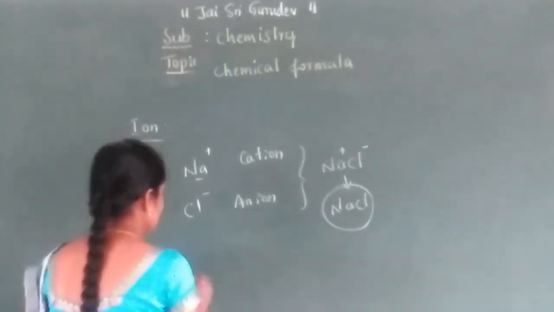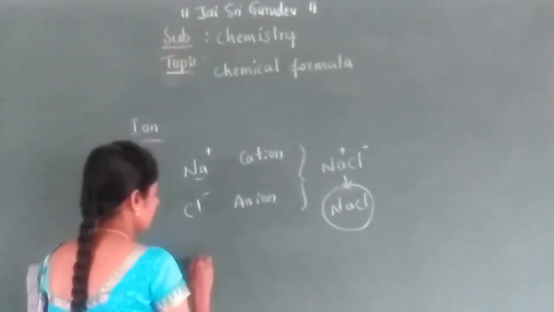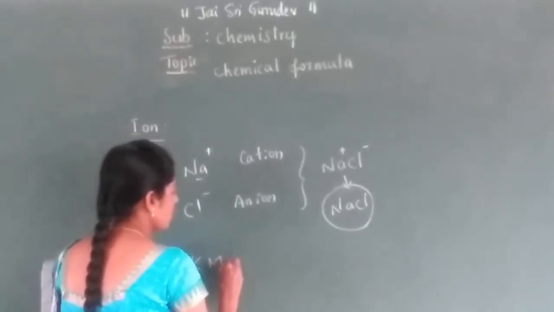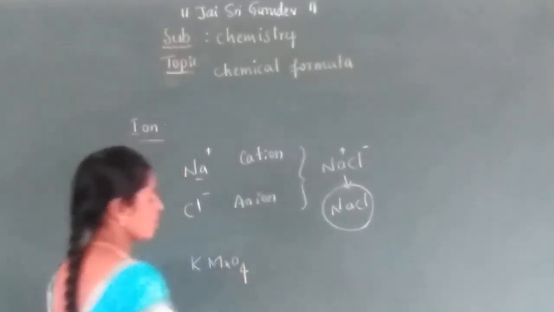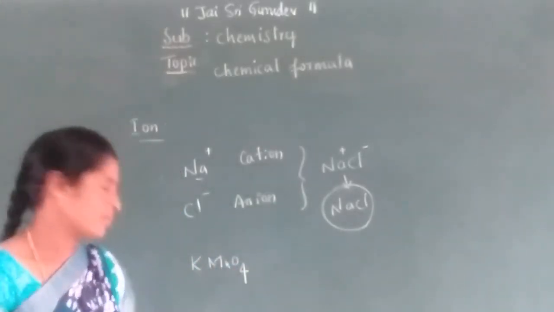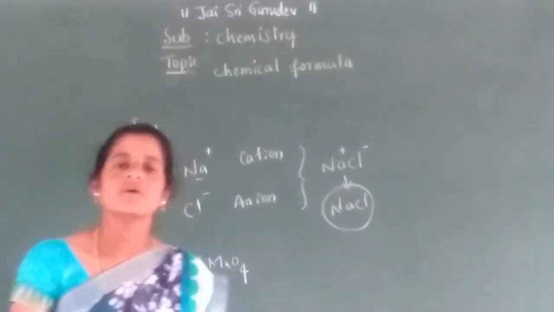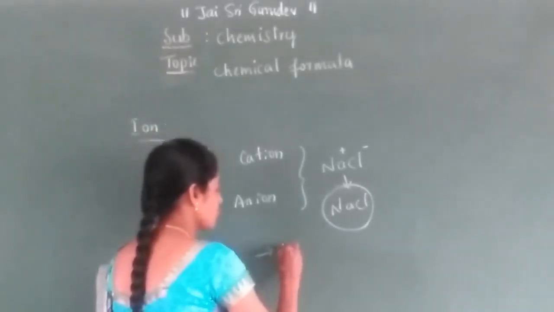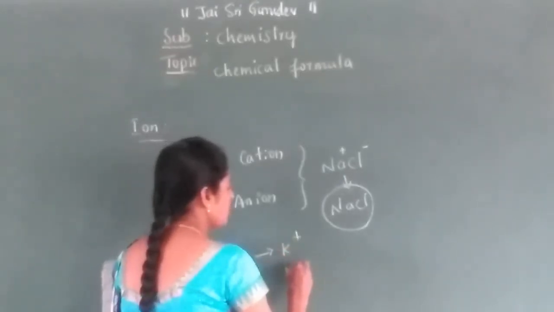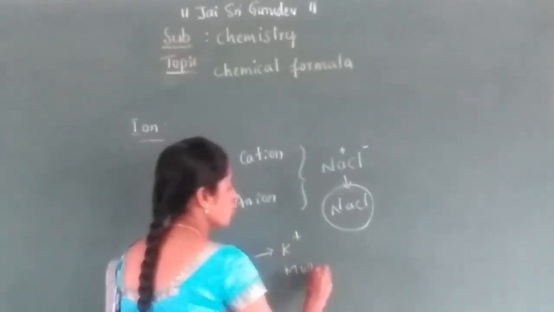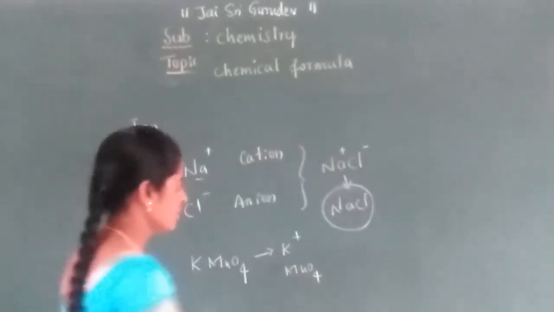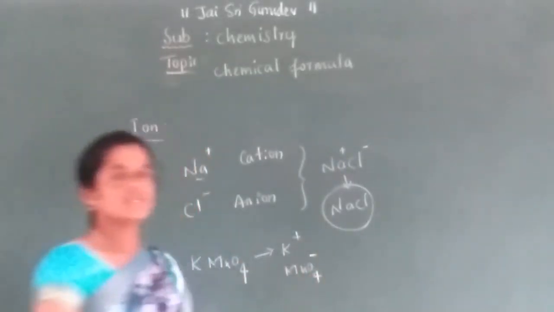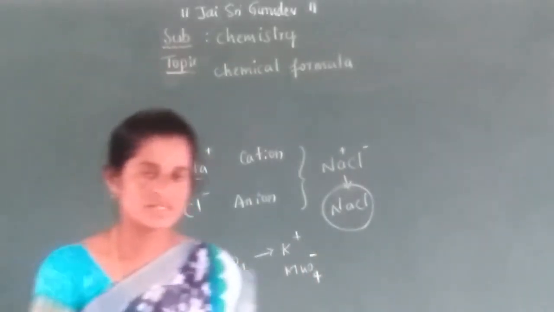For example, one more compound, KMnO4. This is called potassium permanganate. Here K always carries a positive charge, and permanganate, MnO4, always carries a negative charge as a superscript.